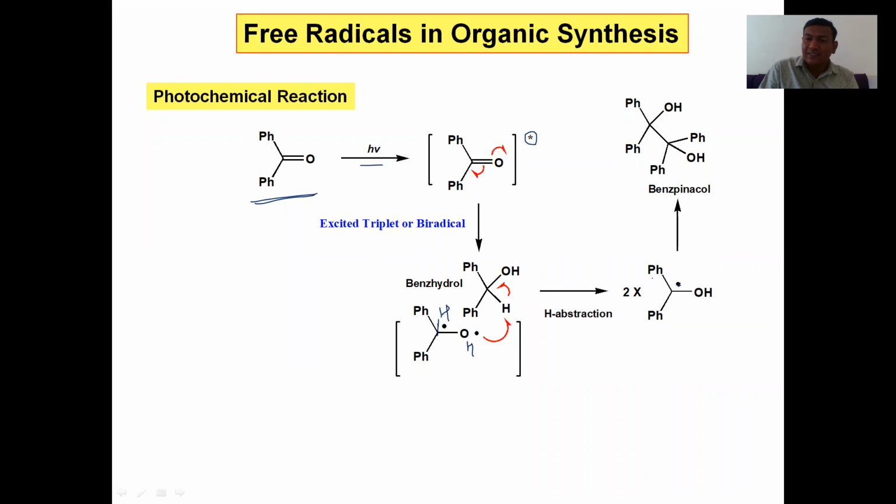And why is this radical stable? Again, this is a tertiary type of free radical, and both these radicals will combine together and you will get the benzpinacol type of compound. So when these two radicals combine together, there will be formation of benzpinacol, right? So this is the pinacol formation reaction using free radicals.